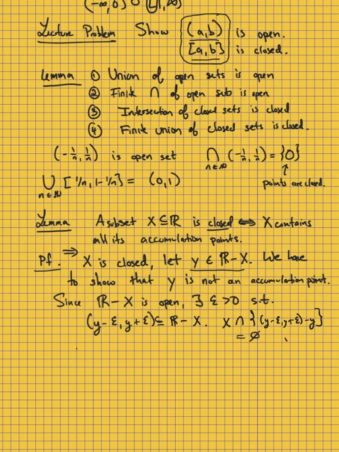And therefore Y is not an accumulation point. So X is closed, its complement is open. That means that for any point in its complement, you can find this little neighborhood which is still in the complement. That shows it can't be an accumulation point of the set.